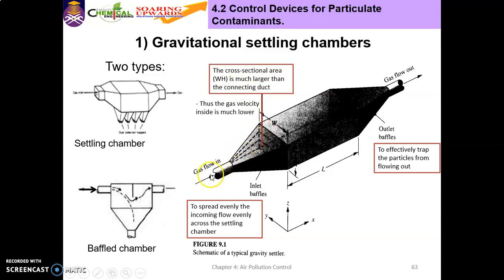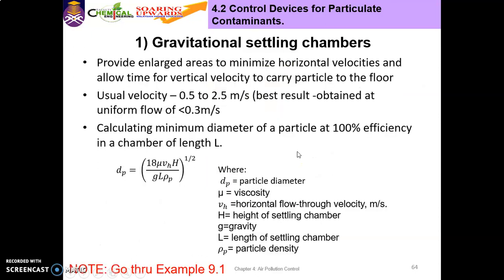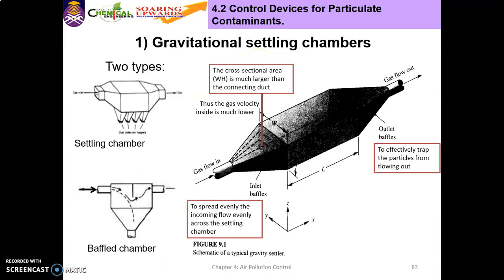So here the area is small, and here the area is big. What happens with a smaller area is that the velocity will be larger.